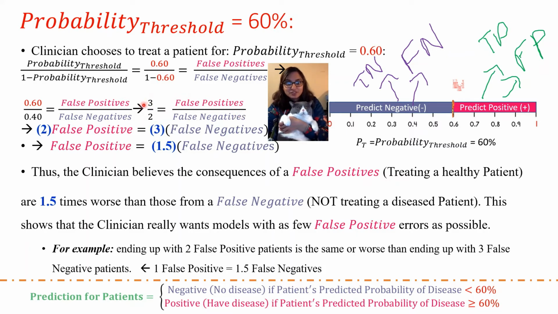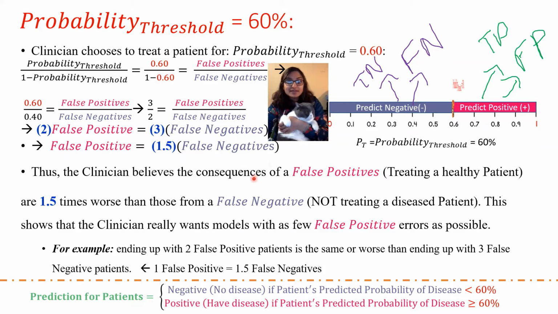Then we cross multiply, so 2 false positives equals 3 false negatives. Then we divide both sides by 2. So 1 false positive is equal to 1.5 false negatives.